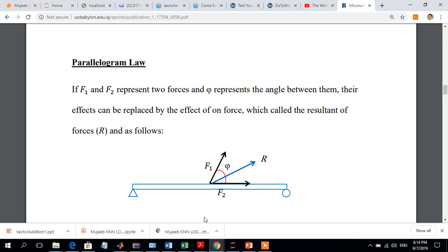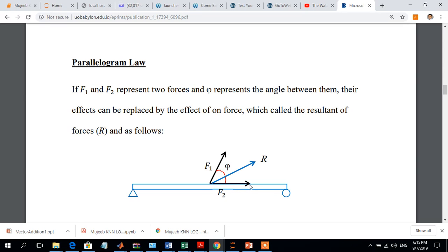In this diagram, we can see a structure which experiences two kinds of forces, F1 and F2.